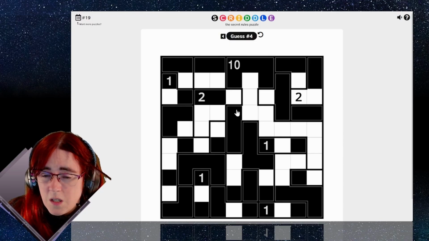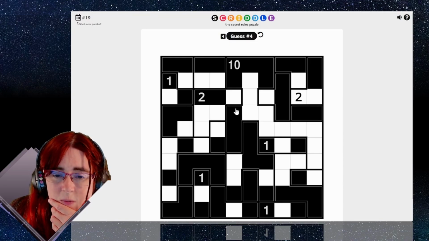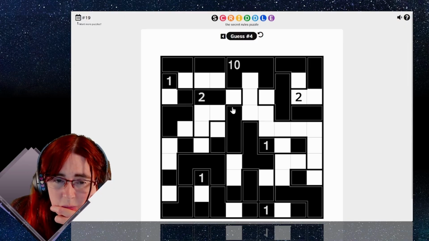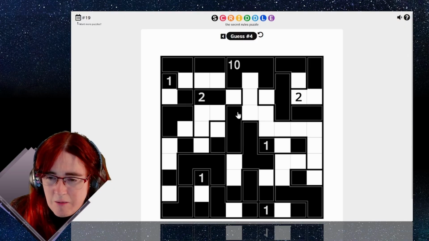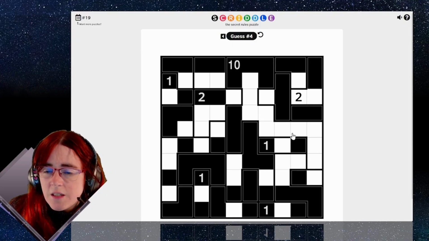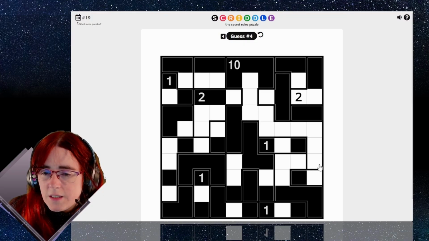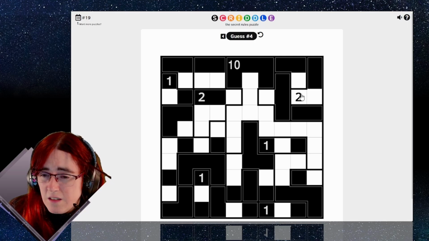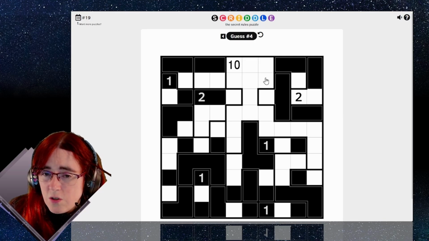Oh no, it can't be that. It cannot be that. Because oh no, yeah, okay, maybe it's the size of a group of unshaded cells, because we could achieve that in our 10.